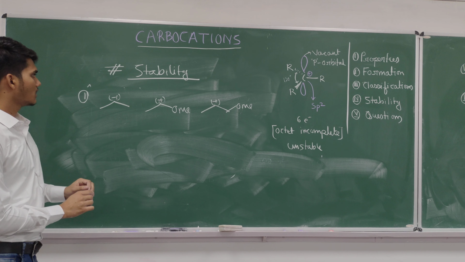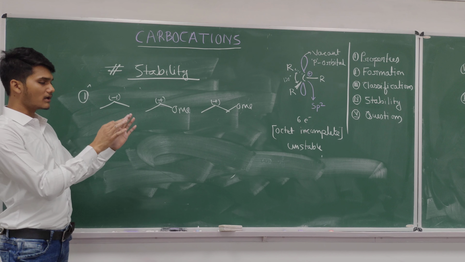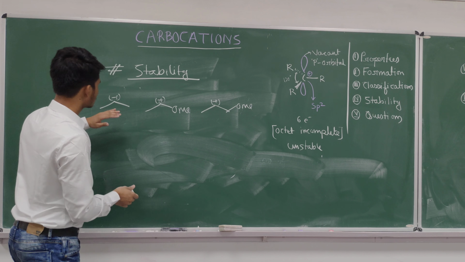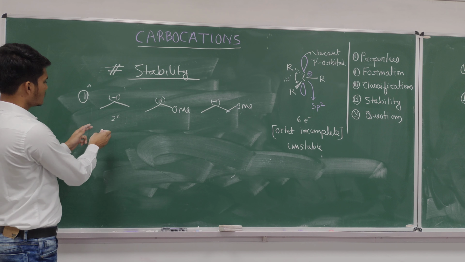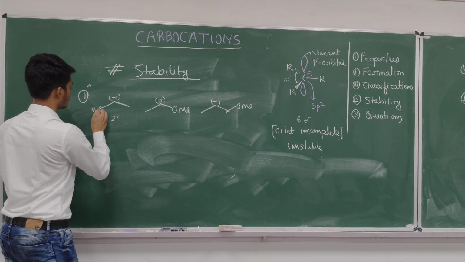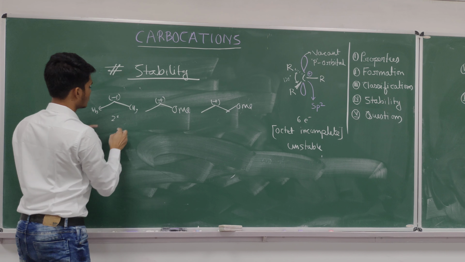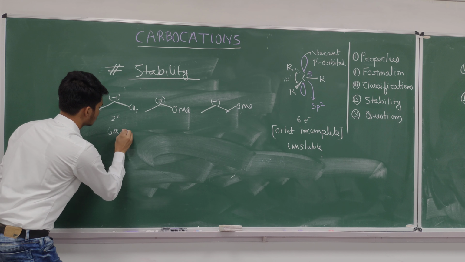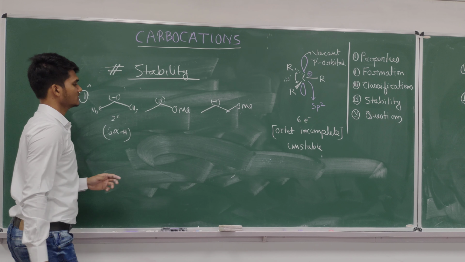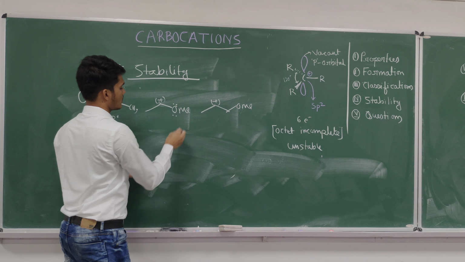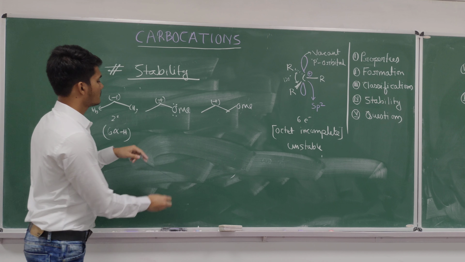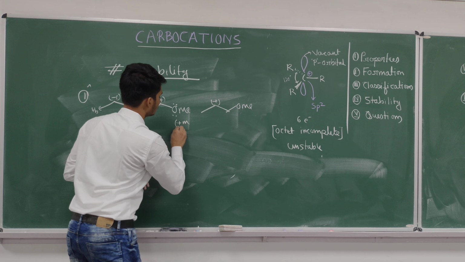How to do that? Let's apply whatever we have learned so far. In this case, we can see that this is a 2 degree carbocation because it is attached to 2 carbon atoms. Again, it has 6 alpha hydrogens. Now the second compound. Right now, I showed you that in this case we have the mesomeric effect, plus M of oxygen.